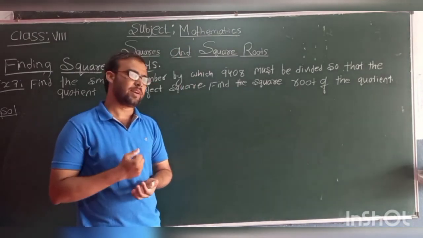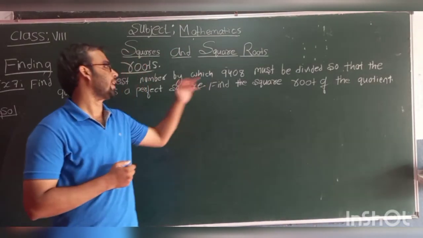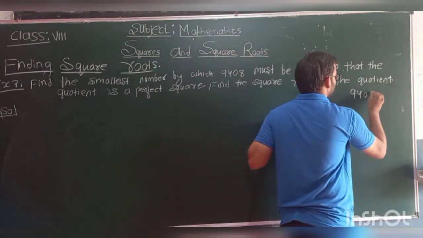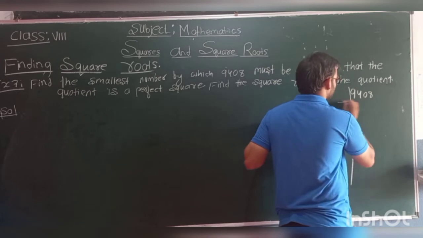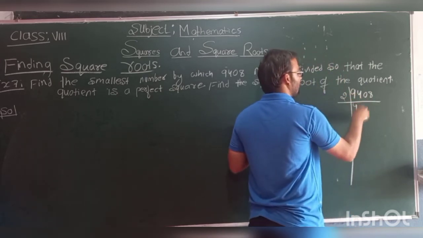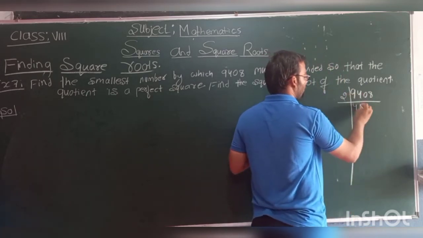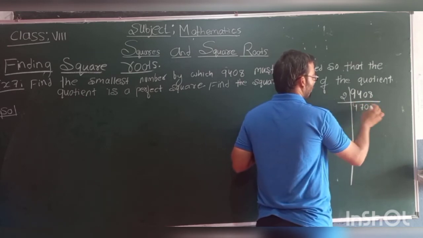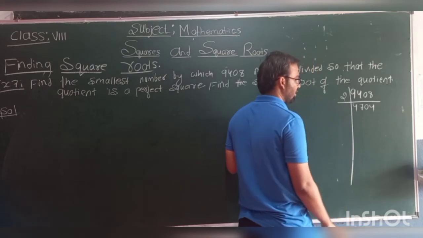Students, in order to find that number, we need to factorize 9408. 2 4s are 8, 1 carry, it will become 14, 2 7s are 14, and here 0, 2 4s are 8.